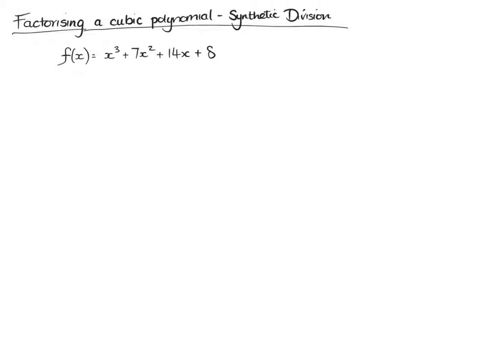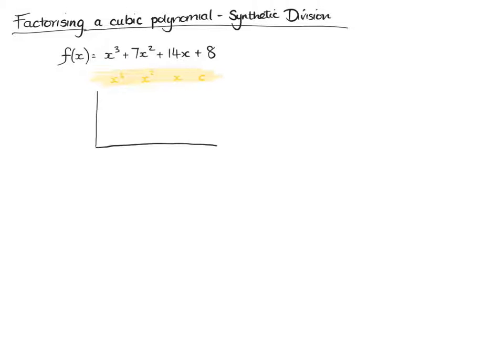With synthetic division, what we're doing is we're setting up a table, and our table is going to use the coefficients of our values. So we start at our x cubed, then we put down our x squared, then our x, and then our constant.